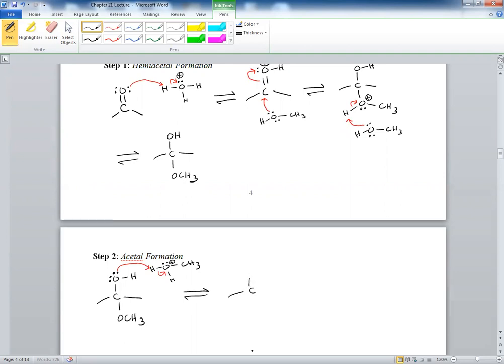And now we have water attached. So we made that alcohol group, that hydroxy group, into water, which is a good leaving group.